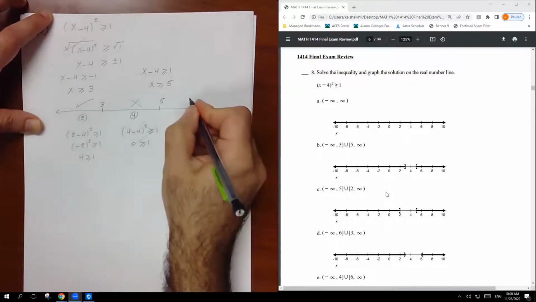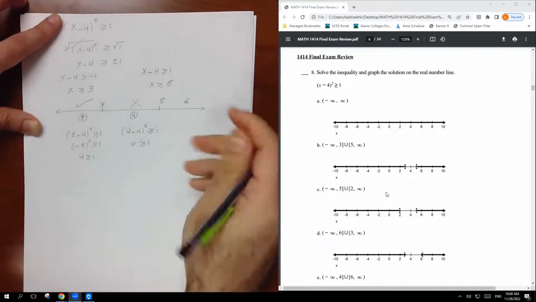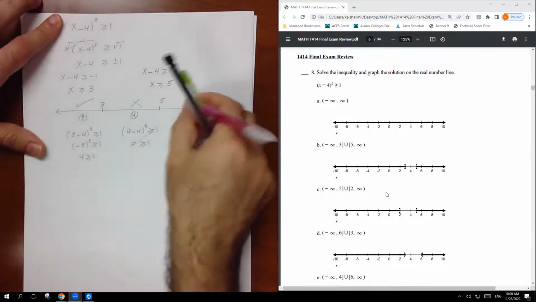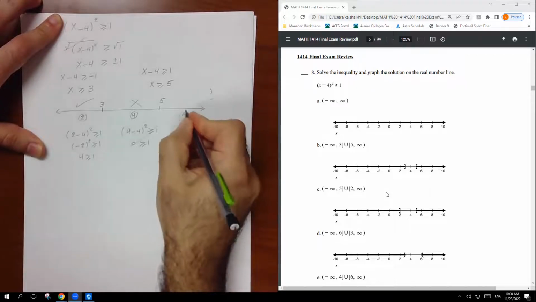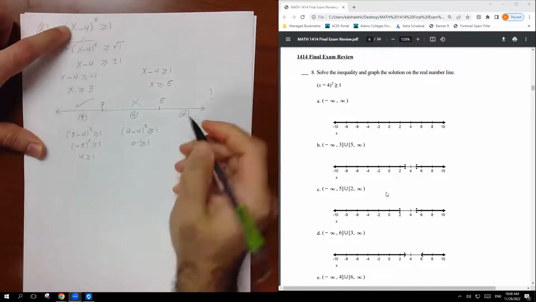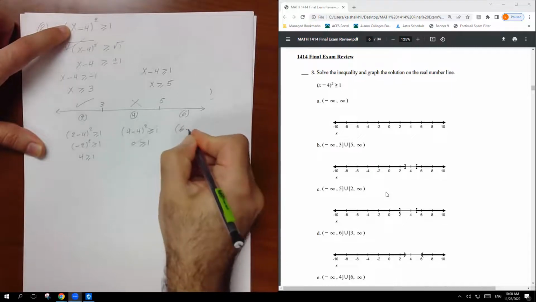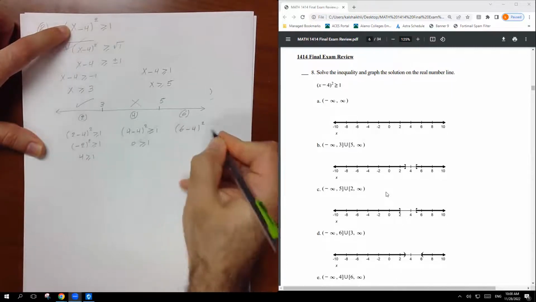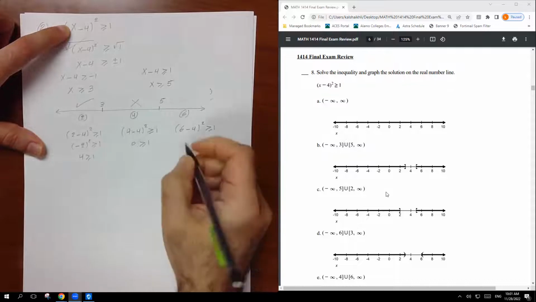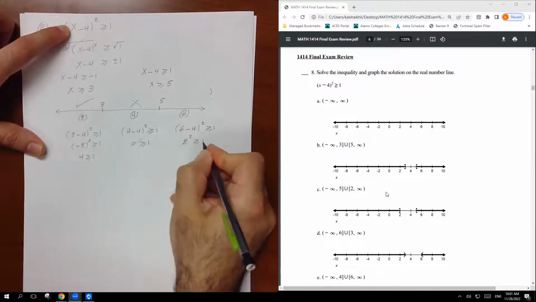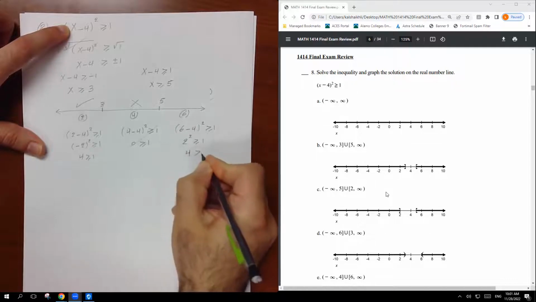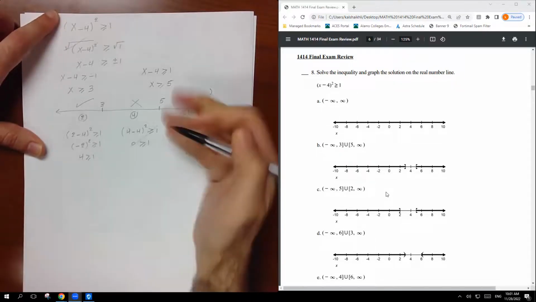Let's take the 6 on this side. Plug in 6: (6 - 4)² greater than or equal to 1. 6 minus 4 is 2, squared is 4. 4 is greater than or equal to 1. That means this is a solution.